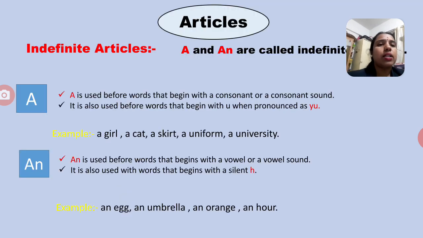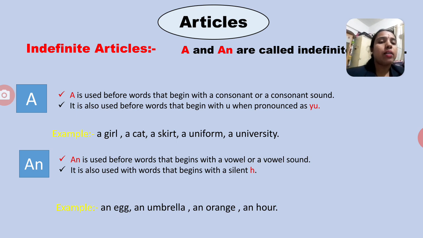Okay. Now we will see the indefinite article points. A and an are called indefinite articles. A is used before words that begin with a consonant or a consonant sound. It is also used before words that begin with U when pronounced as "you".